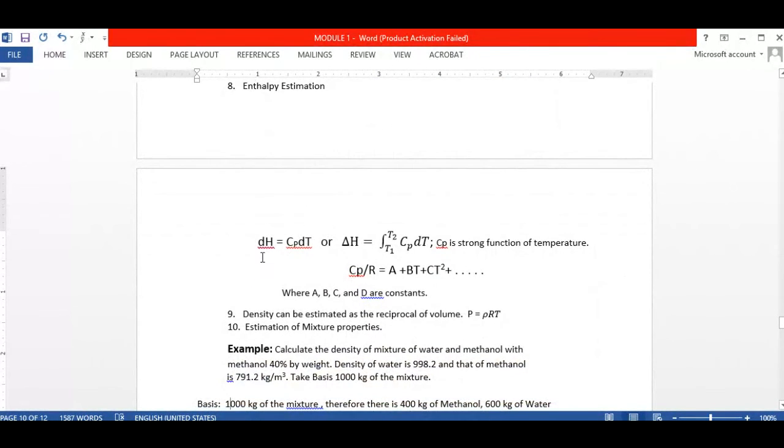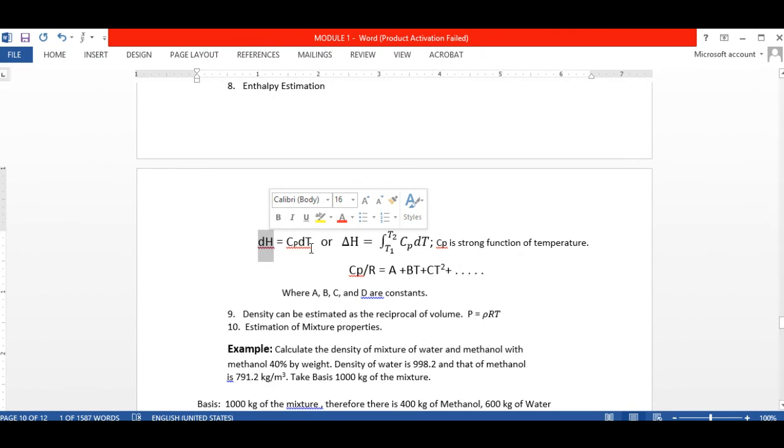Similarly, sometimes you need to measure the enthalpy, because this is very important when you are designing furnaces: how much you want to increase the temperature, how much heat you supply, how much fuel you want to burn. This dH is the enthalpy of the system. I told you yesterday, most of you were there in thermo, enthalpy is the amount of energy contained by the fuel.